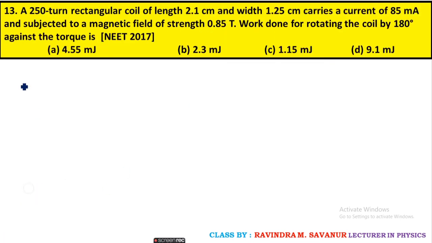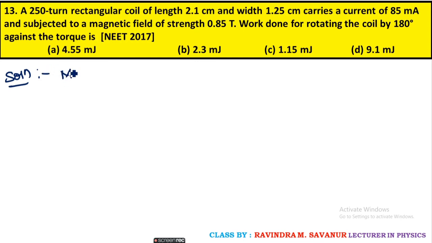Next question number 13. A 250 turn rectangular coil, length 2.1, width 1.25 centimeter, carries a current of 85 milliampere and is subjected to a magnetic field of strength 0.85 Tesla. Then the work done for rotating the coil 180 degrees against the torque is?